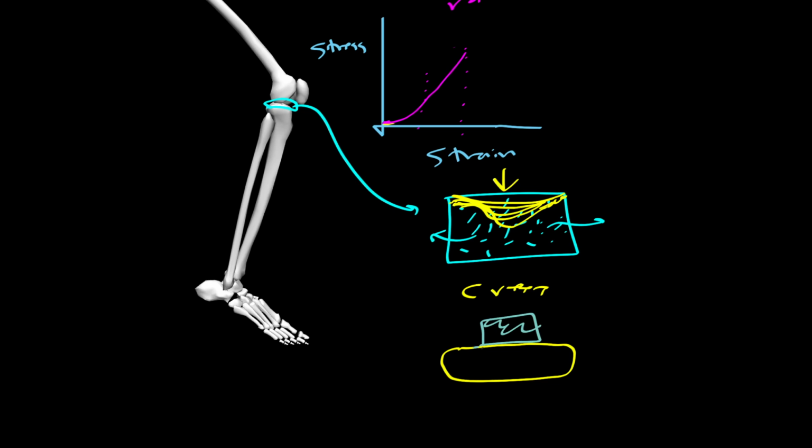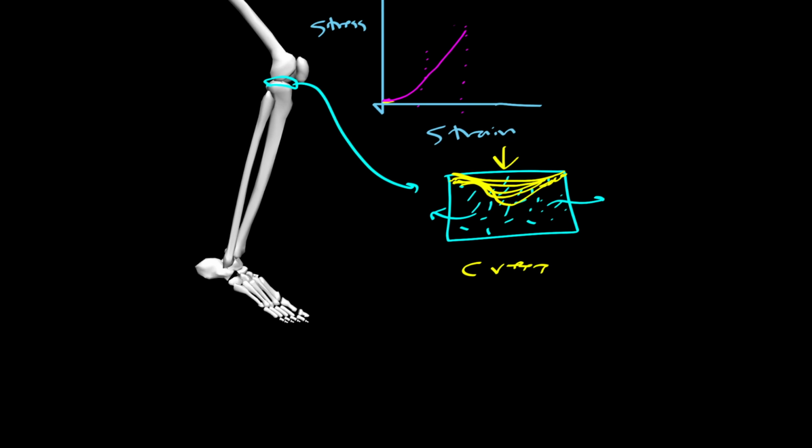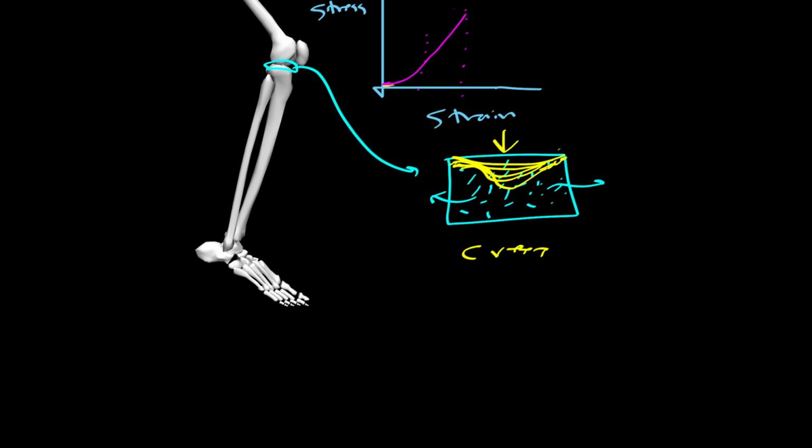There'd be some initial deformation, of course. But then over time, it would gradually squish more and more and more into the putty. Clay has this property too. So that's a mechanical property called creep. And it's most pronounced in cartilage, but also you see it to some degree in ligaments and tendons as well.